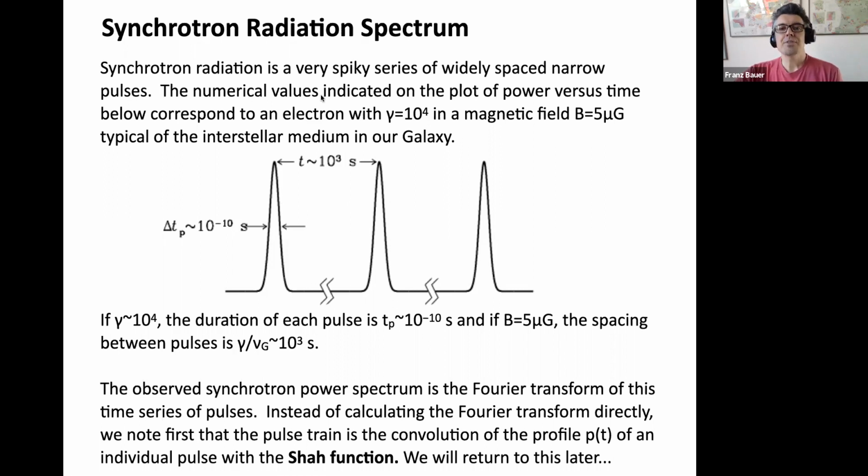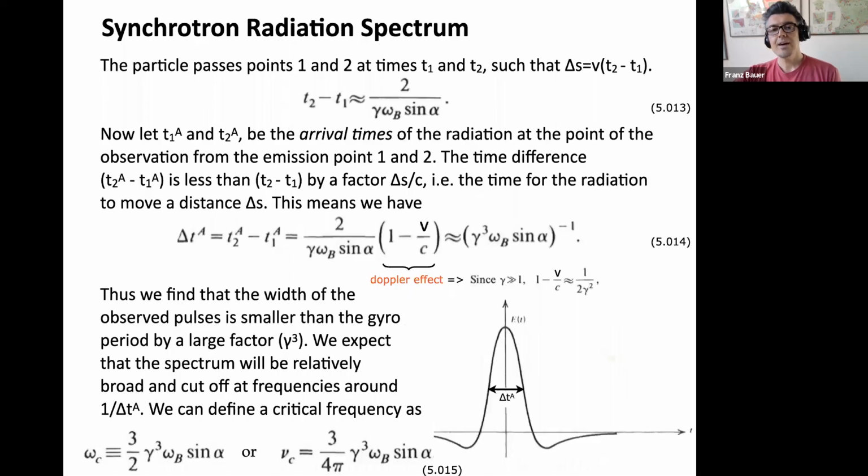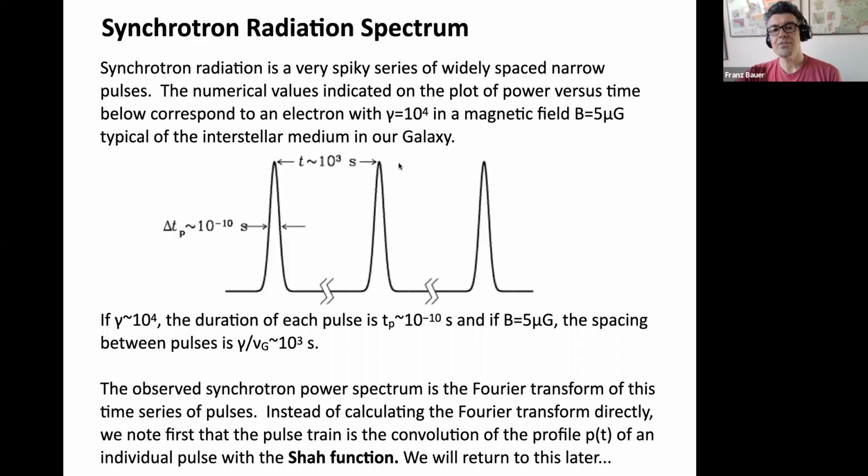And the numerical values here are ones for a typical emission of a cosmic ray electron in the magnetic field of the ISM. Just to give you an idea of the pulse time, this is the arrival time that we calculated here. And then this is the typical cyclotron orbital frequency, or the cyclotron gyro frequency. So that's on the order of 1,000 seconds.